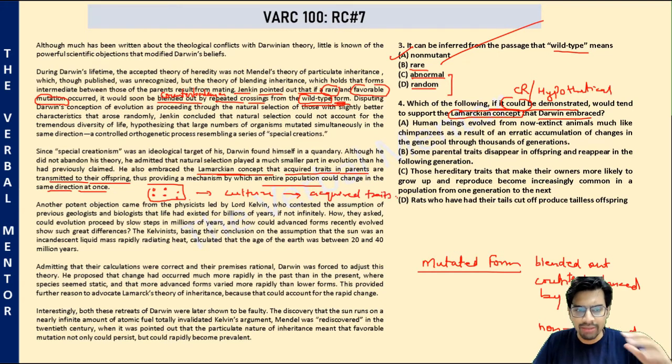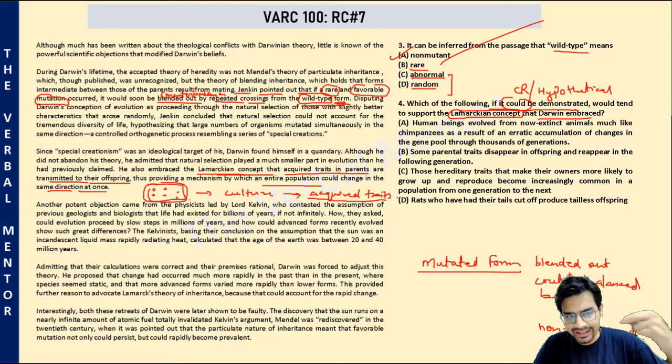They behave in a particular manner, they have particular behavioral patterns, so that is an acquired trait. Now these acquired traits are going to be transmitted to their offspring, which means the entire population, the entire society, is moving in a particular direction. So that's what the Lamarckian concept says. So let's read the options now. We have to support this Lamarckian concept.